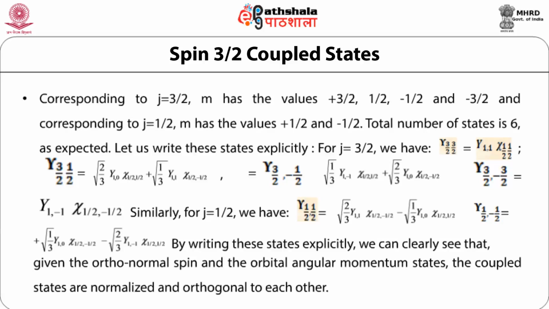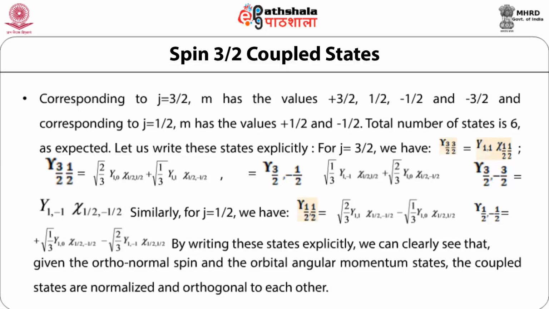So for J equal to 3 by 2, the 4 coupled states that we get are given by gamma_{3/2,3/2} equal to Y_{1,1} times xi_{1/2,1/2}, where the first term in the subscript of gamma represents J and the second term represents M. Similarly, for the spherical harmonic Y, the first term in the subscript represents L and the second term represents m_L.